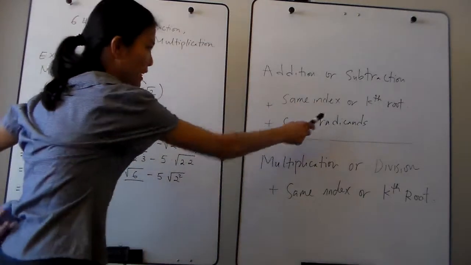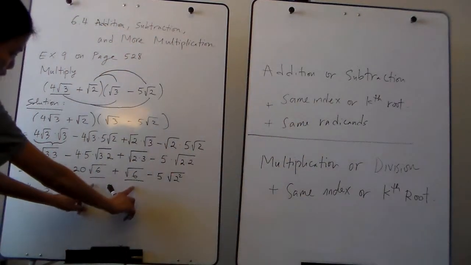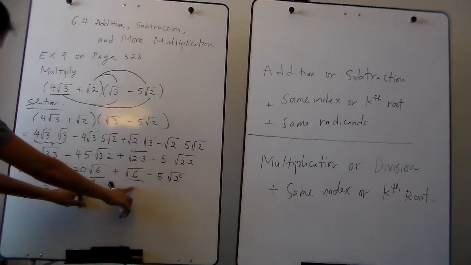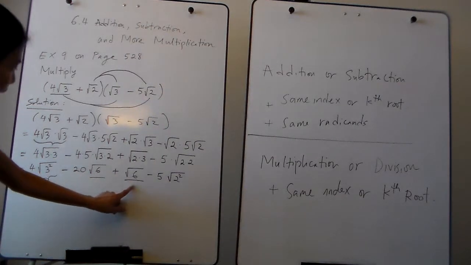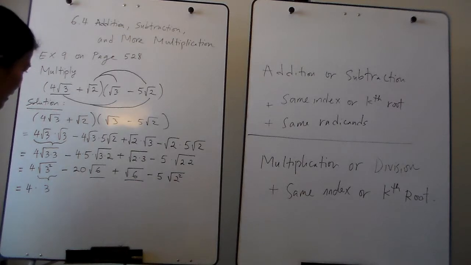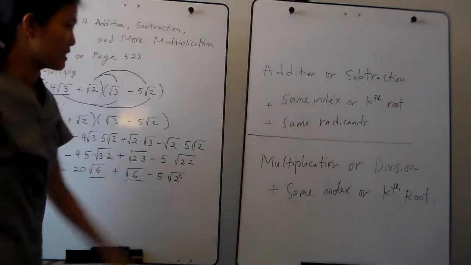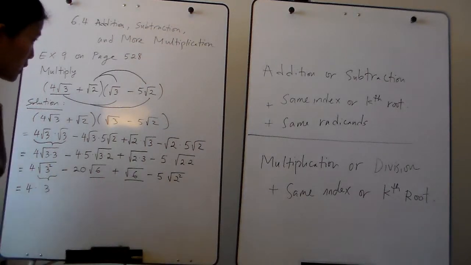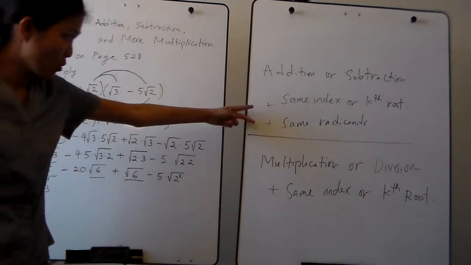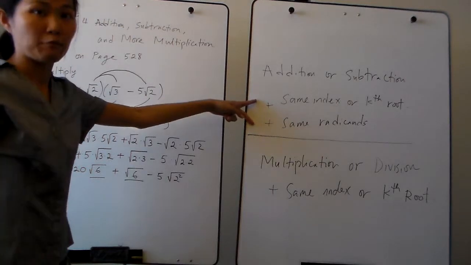The second one is same radicands. Do these two radicals have the same radicands? This radical has 6 as the radicand. This radical has 6 as the radicand. So this second condition is also met. That means you can combine these two terms when you're adding them because both of these conditions are satisfied.